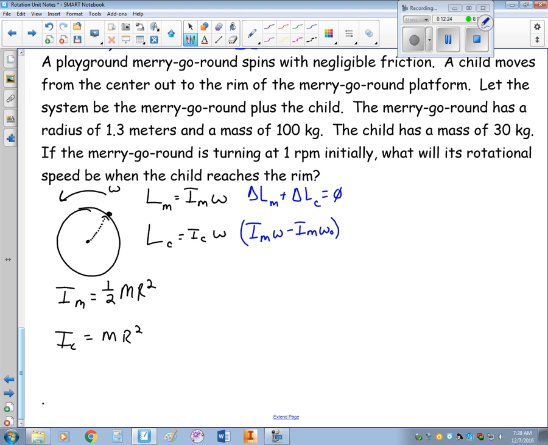I would have that. Now, notice that for the merry-go-round, the only thing changing is its angular speed. Its moment of inertia stays the same. For the child, however, the child's moment of inertia is changing.